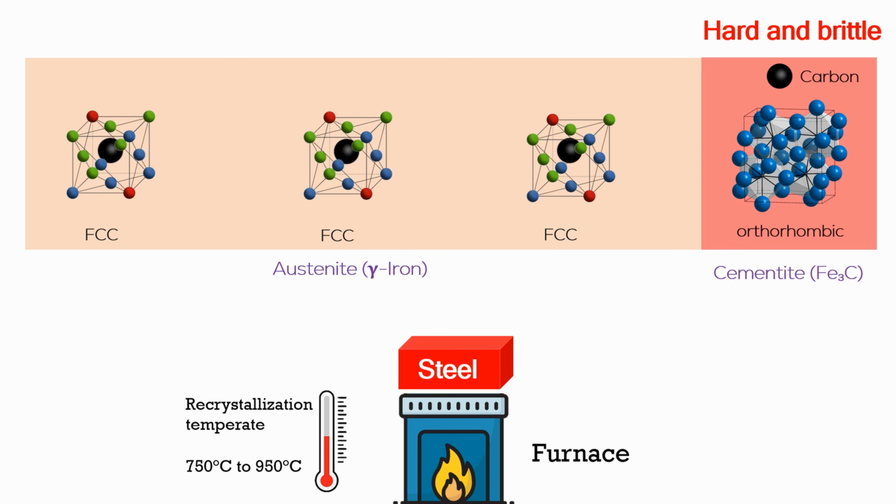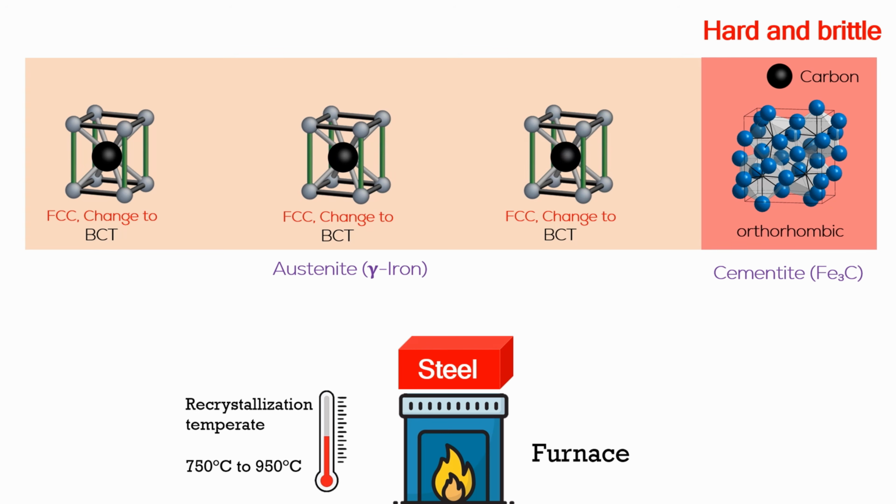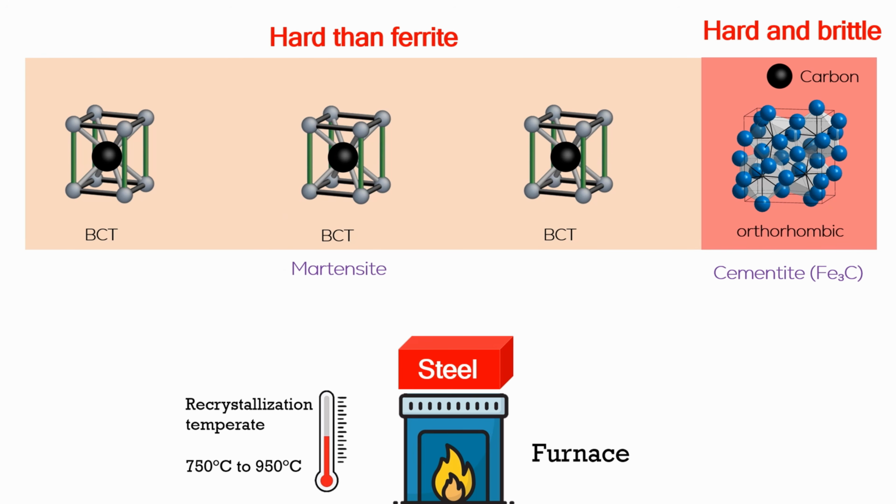As a result, the carbon atoms get trapped within the FCC structure, transforming it into body-centered tetragonal, BCT, structure grains. These BCT grains make a different phase known as the martensite phase of steel, a phase much harder than the ferrite phase.